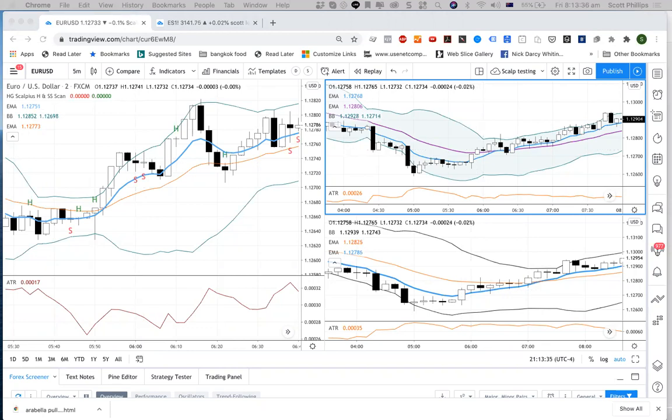Okay, so that's a 2.5 pip range. So we size it for 3 and we're risking 2.5. And that is minus 2.5 pips. So it's not quite a full loss. And our ATR is .0003, and we have trending confirming evidence. And let me copy and paste the thing in.